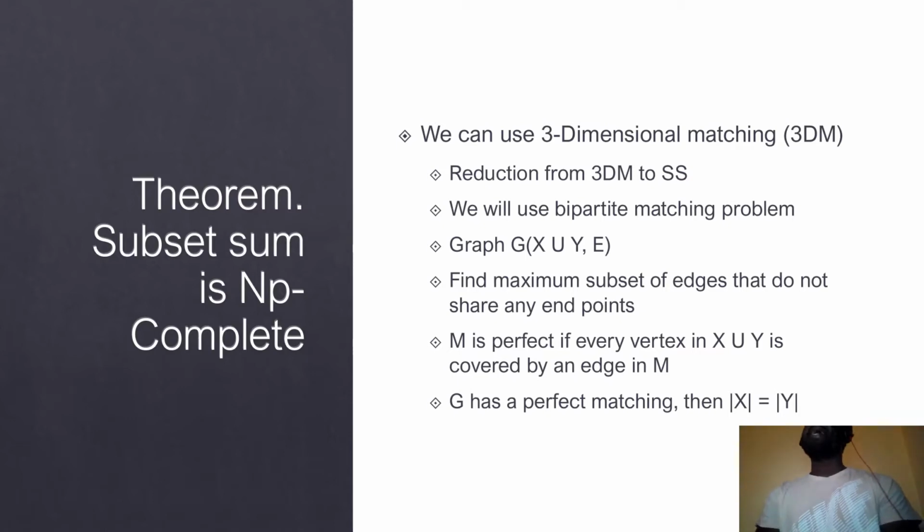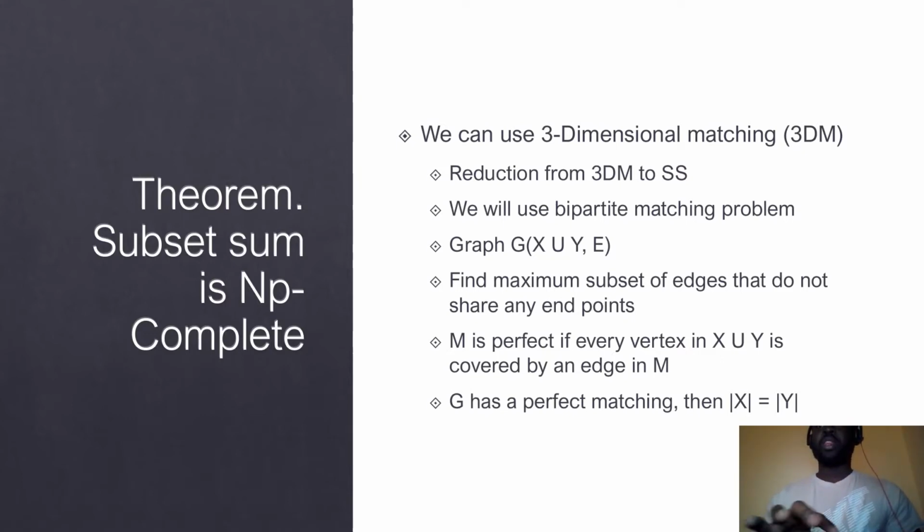We say that a matching M is perfect if every vertex in X union Y is covered by an edge in M. It is easy to see that if G has a perfect matching, then X equals Y in size; otherwise at least one vertex is not matched. We can think of X and Y as two sets of equal size n. Then we can have T, a subset of X times Y, be a set of pairs of the form (x1, y1).